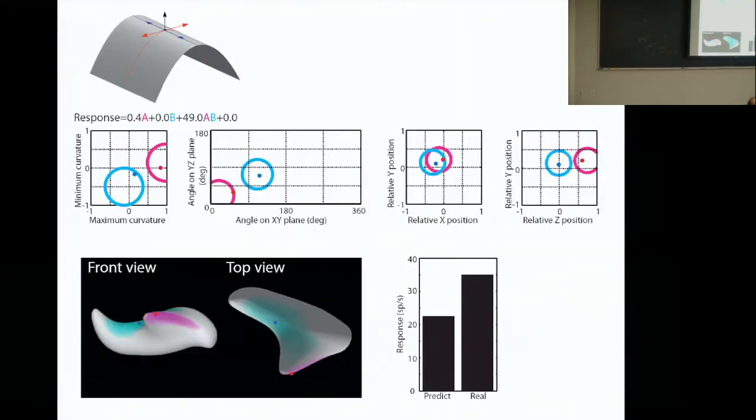One thing about TE that's different from earlier stages is that instead of representing single parts, neurons represent configurations of multiple parts. This is representing these ridges facing towards the viewer and these fairly flat dorsal surfaces.